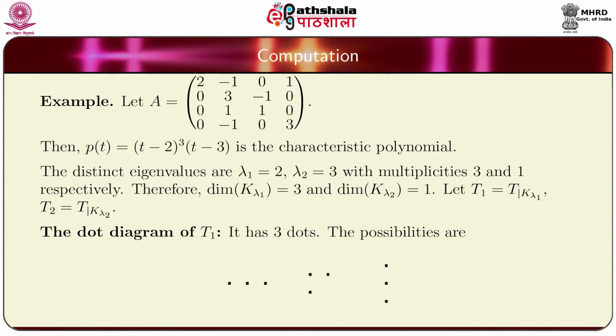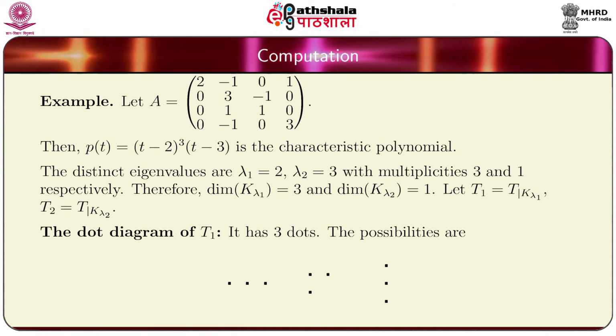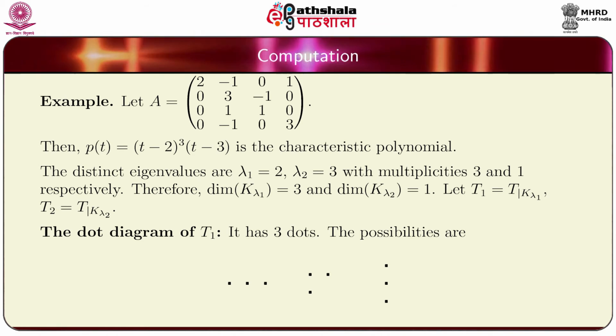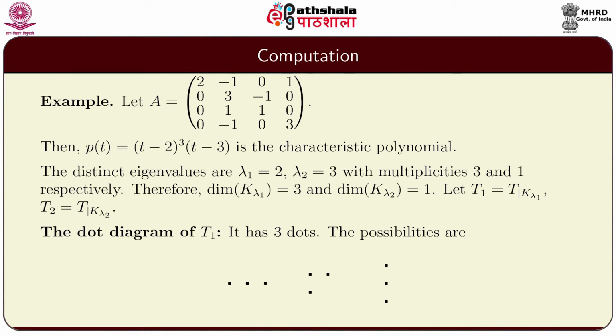Now, the dot diagram of T1 has 3 dots and the possibilities are like this: 1 dot each in 3 columns. Then there are 2 columns, with the first column having 2 rows and the second column having only 1 row, therefore 3 dots in total.